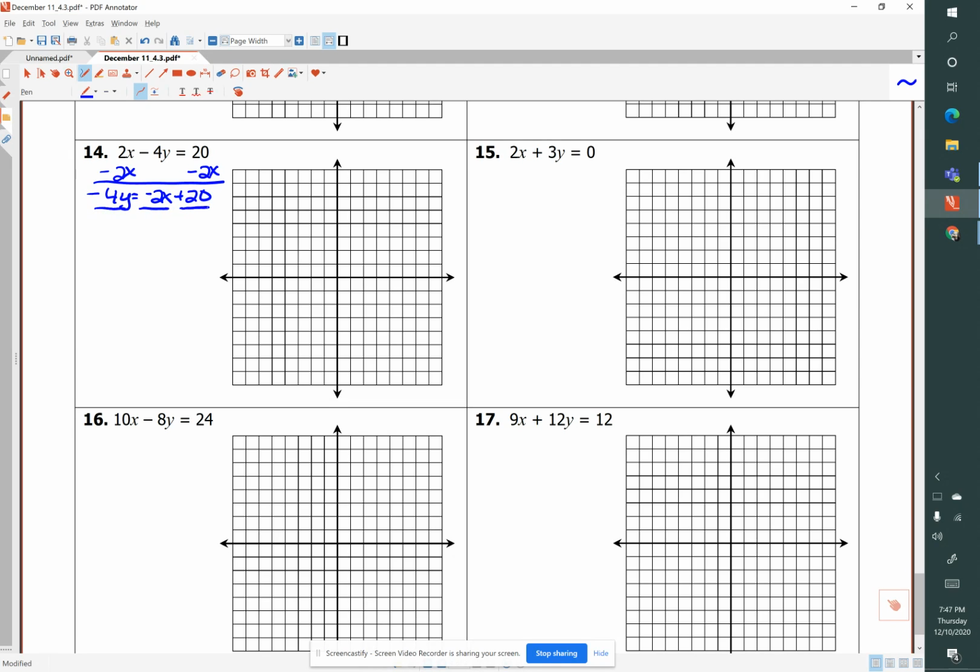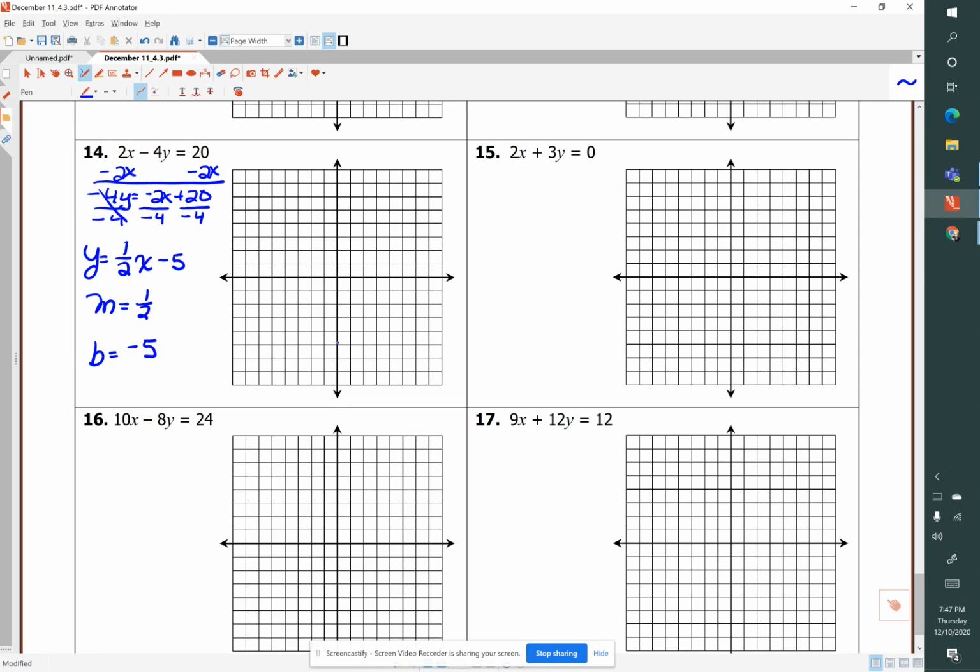Then we'll divide everything by negative 4, which will give us y equals negative 2 divided by negative 4 is positive 1/2 x. Positive 20 divided by negative 4 is negative 5. So our slope is 1 over 2. Our y-intercept is negative 5.